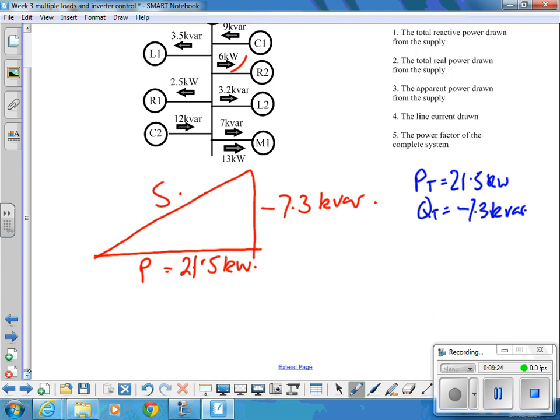So as Joe rightly says, S is equal to the square root of P squared plus Q squared.